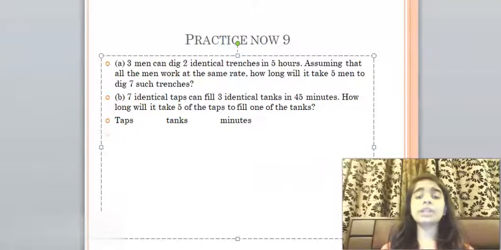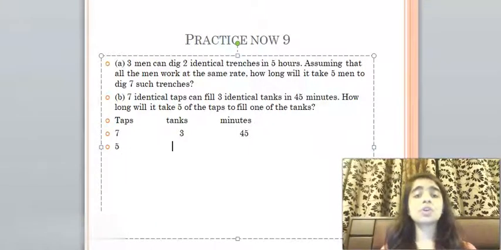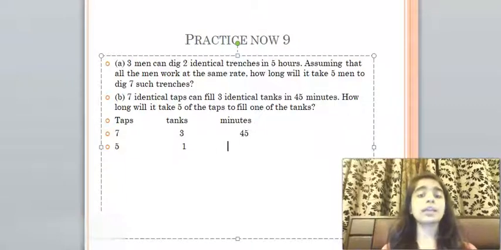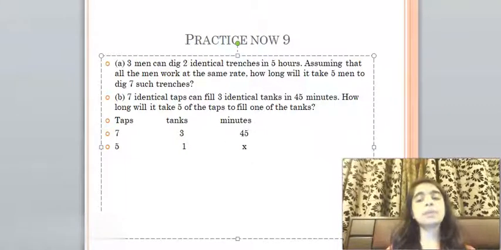Now, what does it say? 7 taps, 3 tanks, and 45 minutes. And then how long will it take 5 taps to fill 1 tank in how many minutes? We don't know. So that will be x.